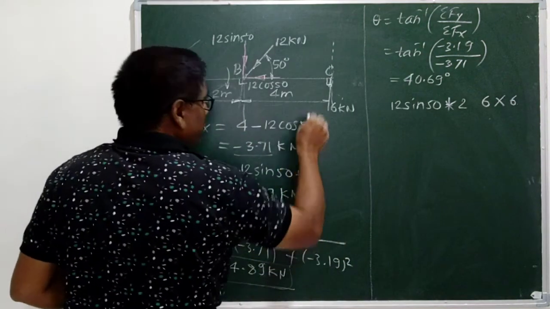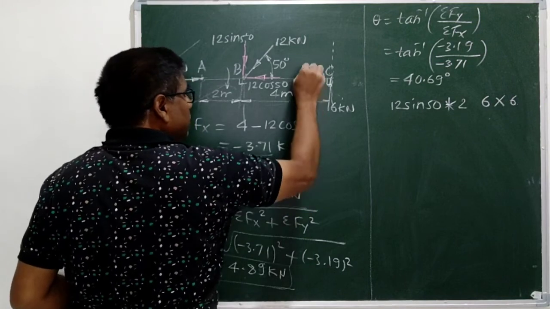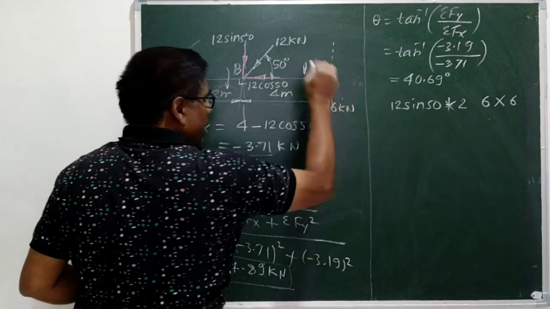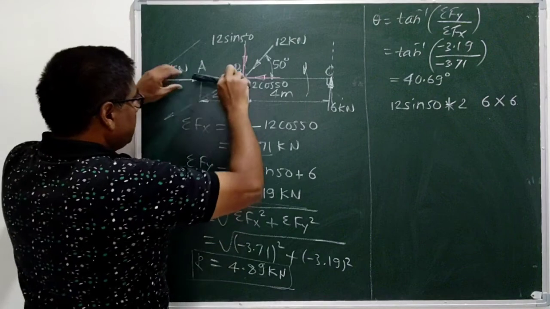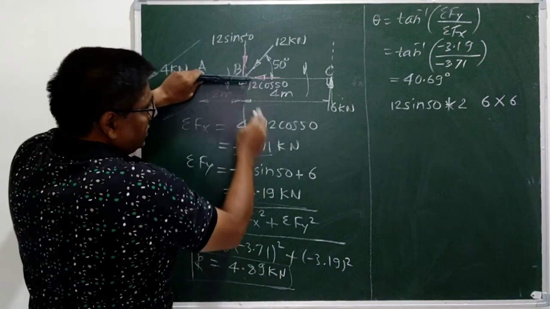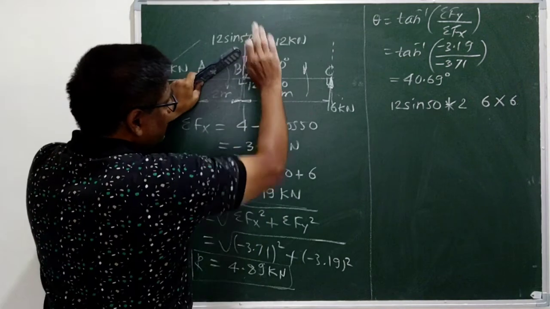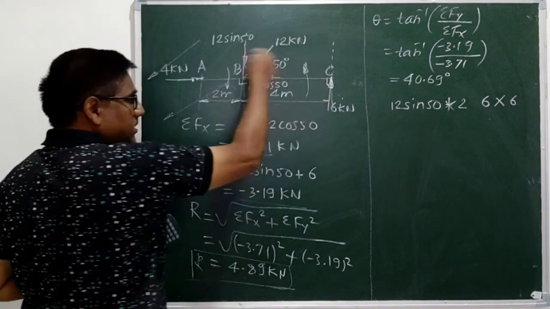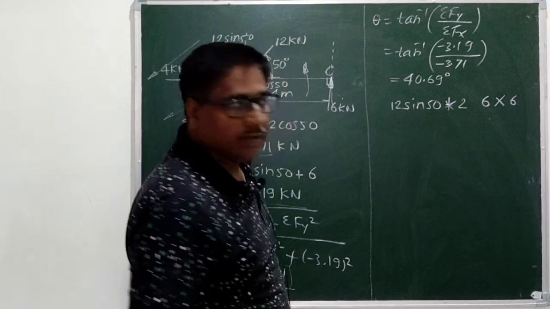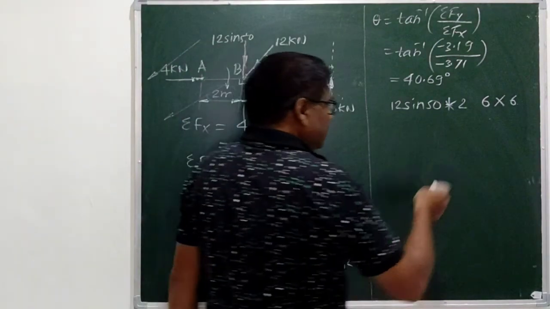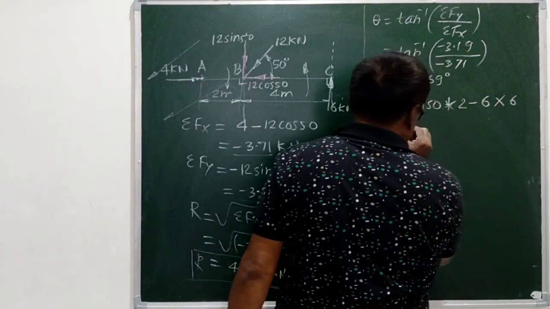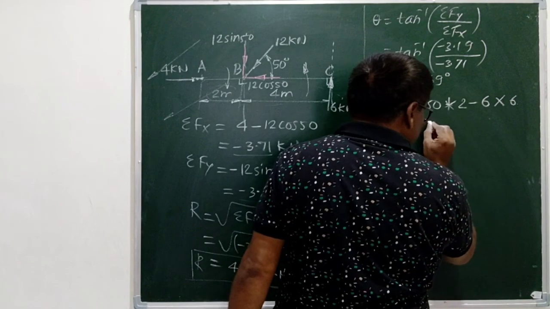This is producing anti-clockwise moment, as this force is acting upward. If you keep point A fixed and apply upward force, it will try to rotate this object in anti-clockwise direction. That's why we have to take negative sign, is equal to moment of their resultant.